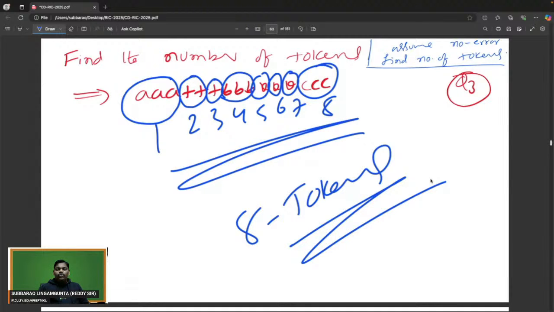Can we move to the next problem? Assume no error. Number of tokens, how many in this? 1, 2, 3, 4, 5, 6, 7, 8. Totally 8 tokens.